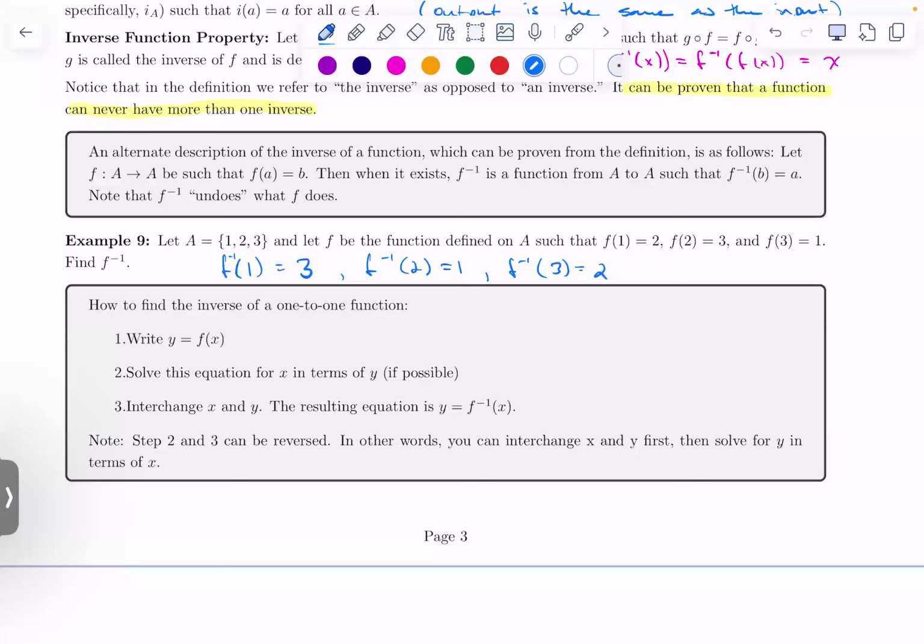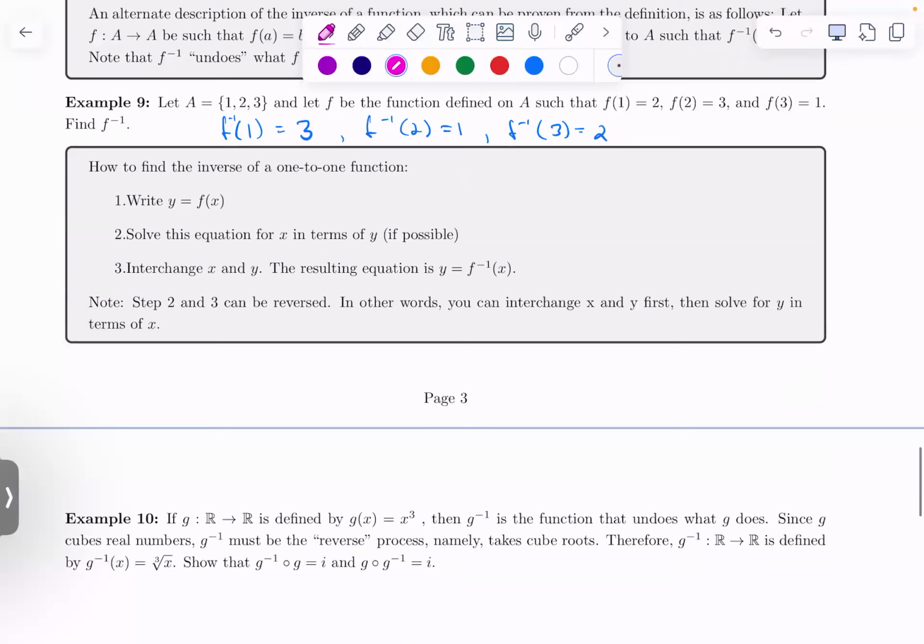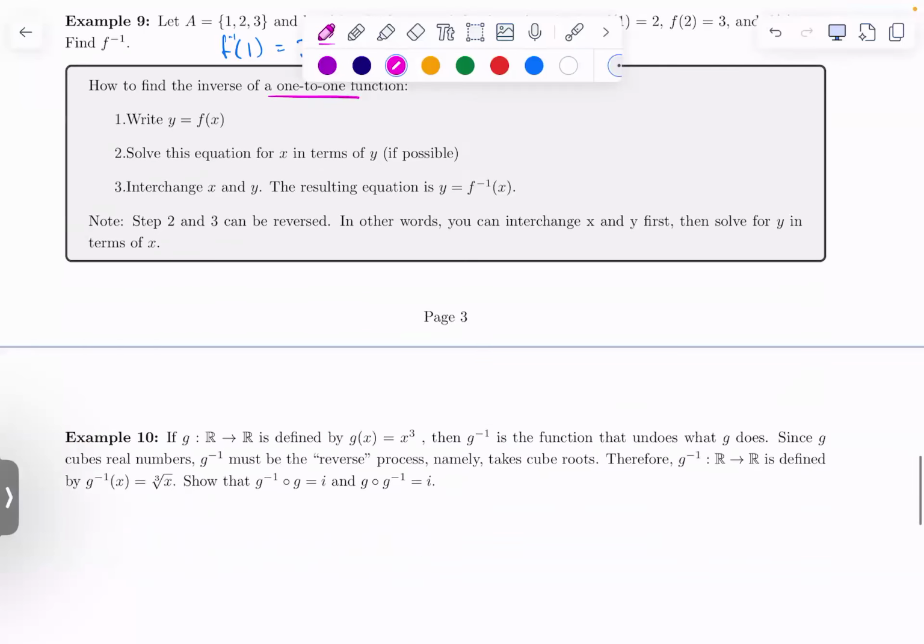So first thing we want to do is a function needs to be one-to-one in order to have an inverse. So here, let's make a note. A function must be one-to-one, and technically onto as well, but like I mentioned earlier, you can always just zip up your codomain and make the range the codomain and make it onto.